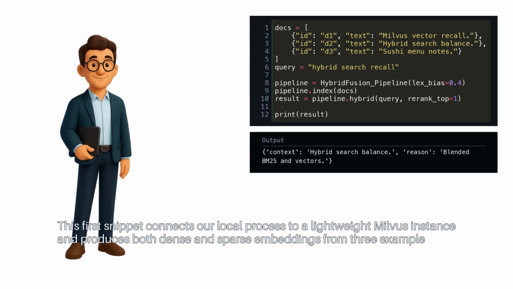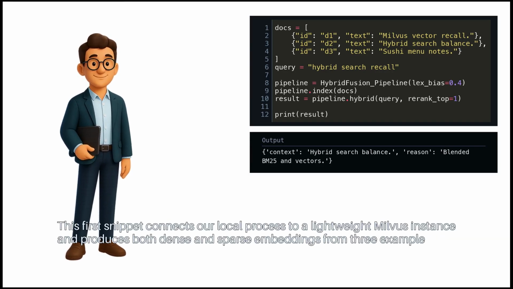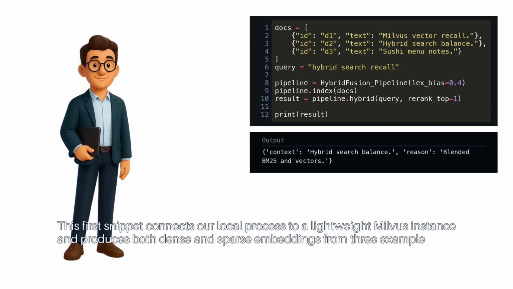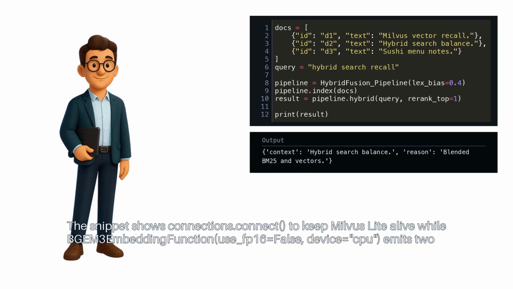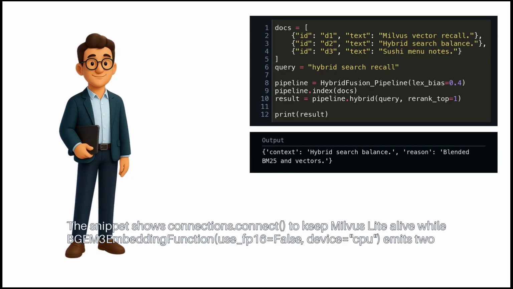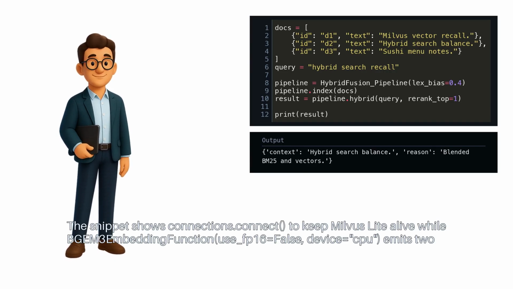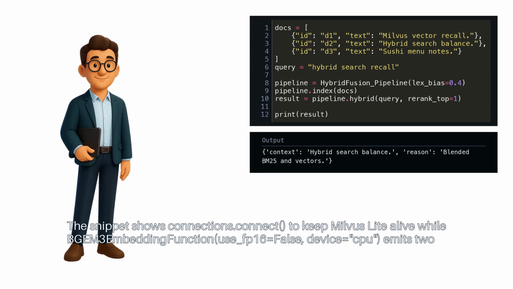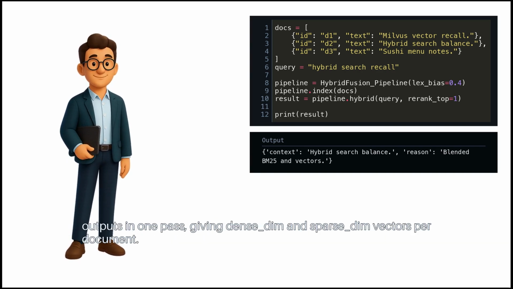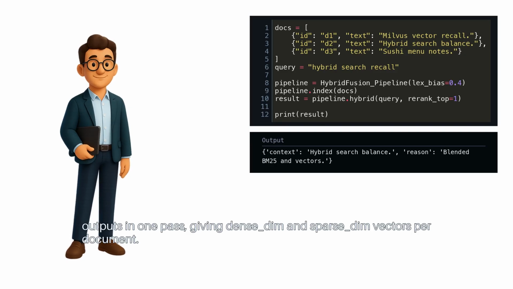This first snippet connects our local process to a lightweight Milvus instance and produces both dense and sparse embeddings from 3 example documents. The snippet shows connections.connect to keep Milvus Lite alive, while the BGEM3EmbeddingFunction with use_fp16 false and device equals CPU emits 2 outputs in one pass, giving dense_dim and sparse_dim vectors per document.